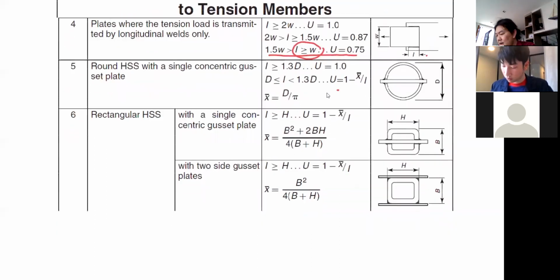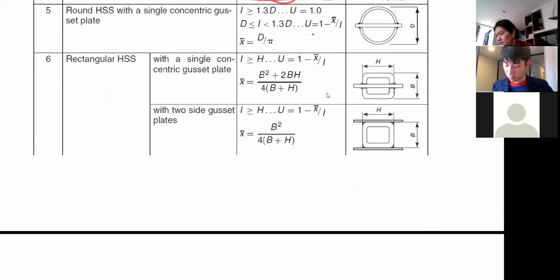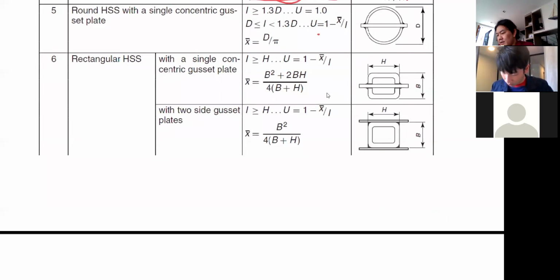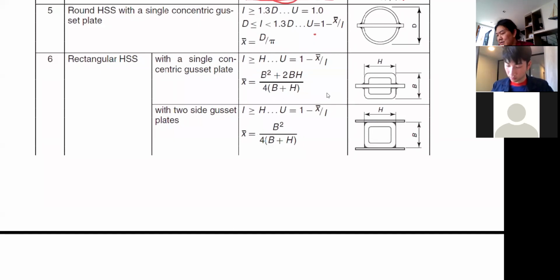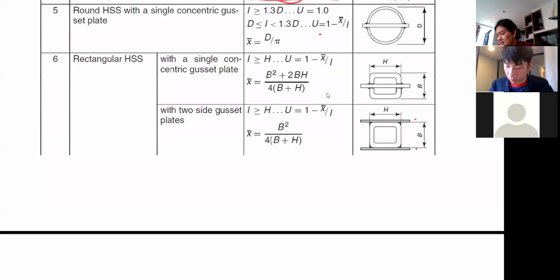Likewise, in a similar fashion, for the rectangular or square section, the way to connect them in the past, you needed to put the gusset plate through it like this, or outside like that. So they have the formula suggestion for you to calculate the X bar of this situation to put into the shear lag formula, which is this one.